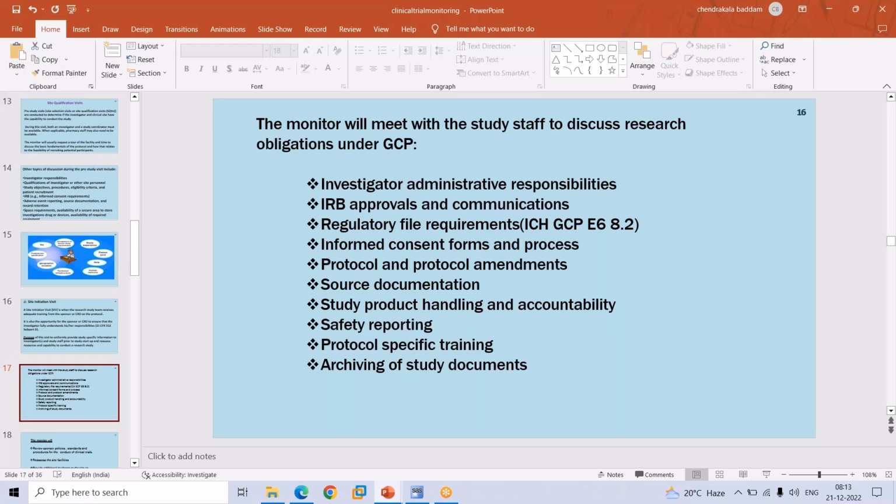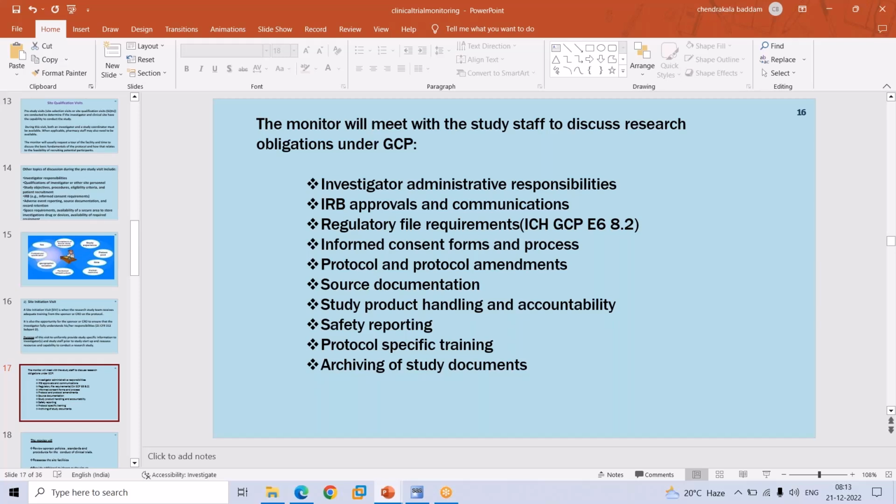Protocol, and any change in the protocol. We'll discuss the source documents: what source documents they are going to use, available on paper and electronic, e-source. Product handling, accountability of the product, storage and temperature conditions, how much drug is used and how much remains.